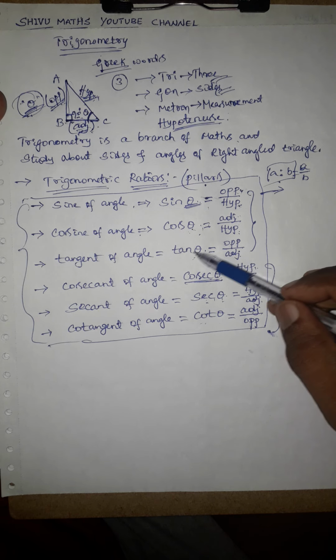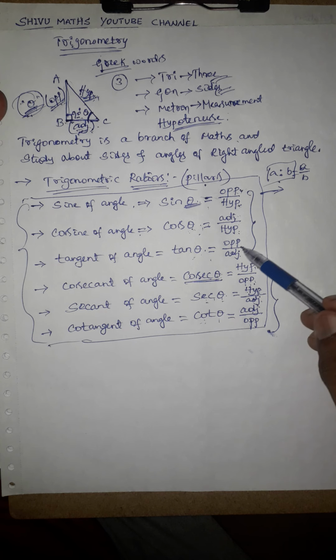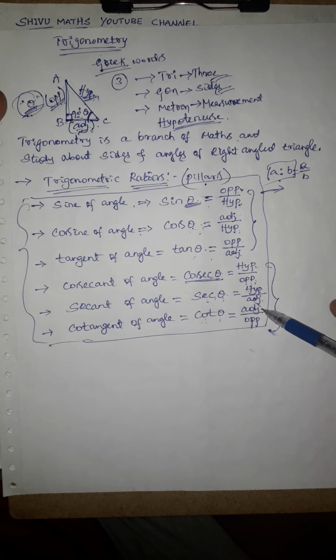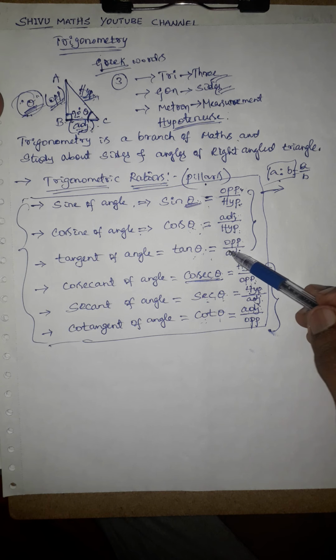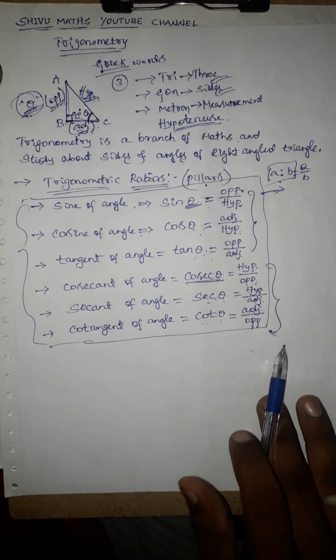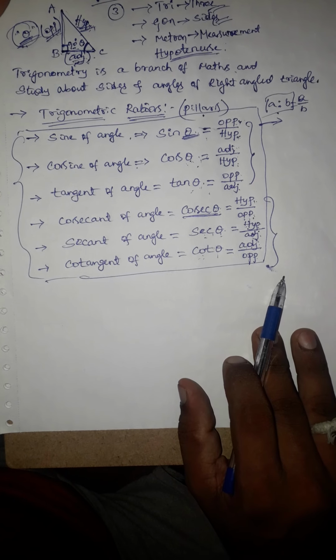One more, the third one is tan theta, and in the next three the third one is cot theta. Observe here, opposite, adjacent, adjacent, opposite. Means tan theta is the reciprocal of cot theta, and cot theta is the reciprocal of tan theta. These are called reciprocal relations.